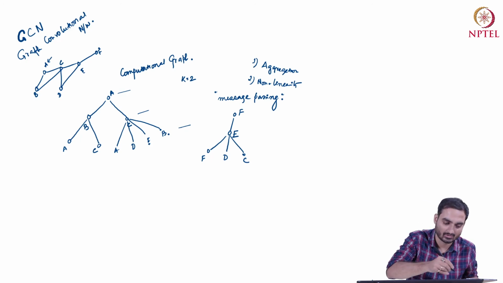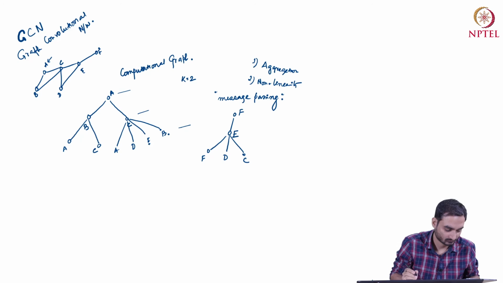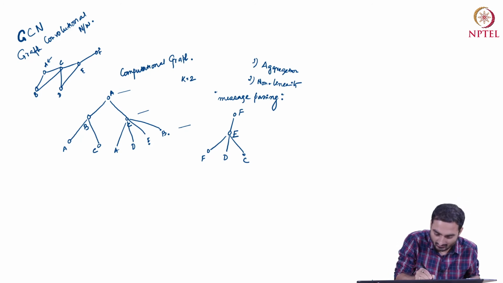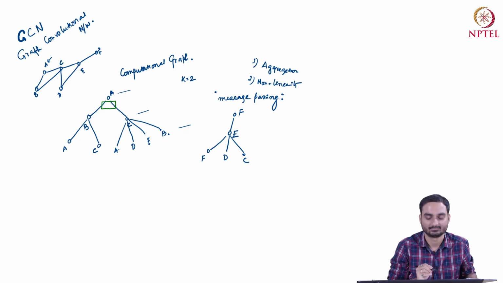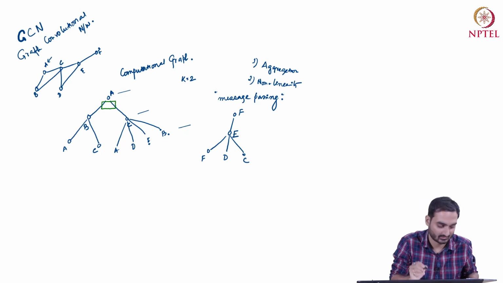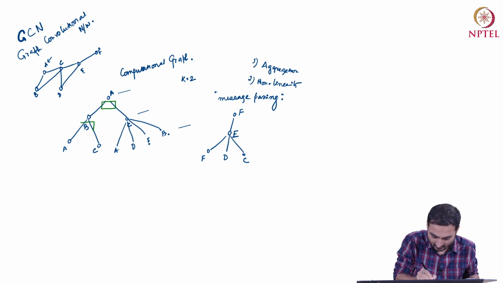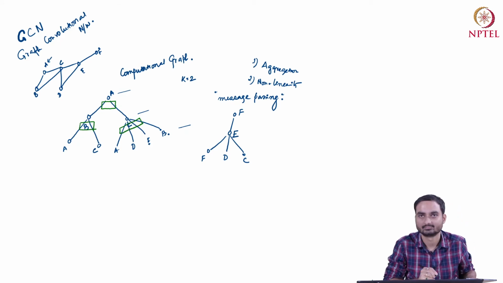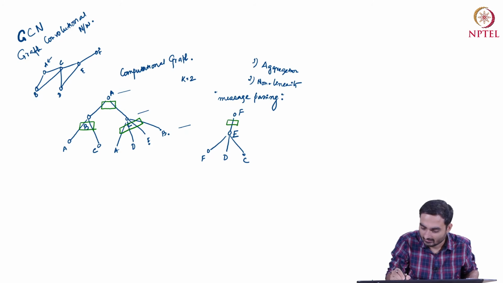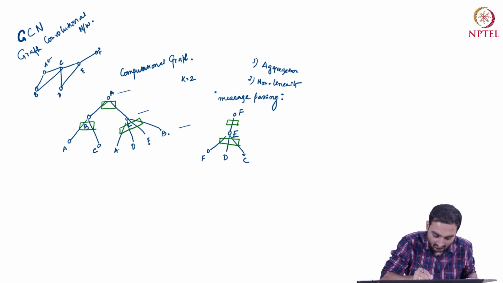Now, once we create this computational graph, we will add a convolutional block at every junction, here, here, here, in this case here and here. These are convolutional blocks.